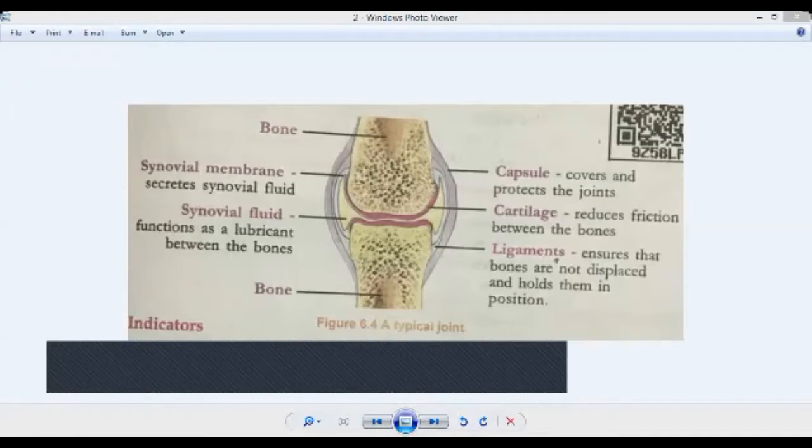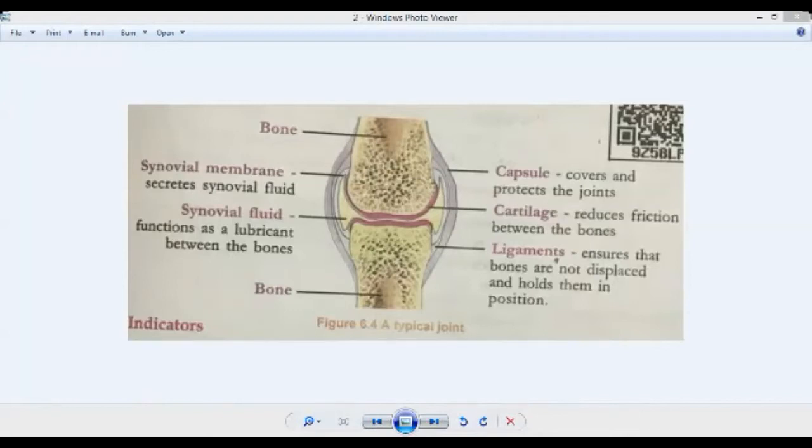Once more I will repeat it for you. The parts of a typical joint: 2 bones will be there. Then the synovial membrane that secretes the synovial fluid, and synovial fluid functions as a lubricant between the bones in order to avoid friction while walking and doing any other activities.